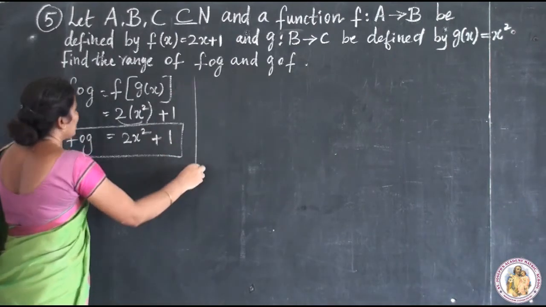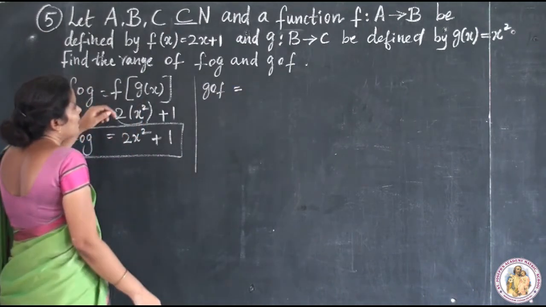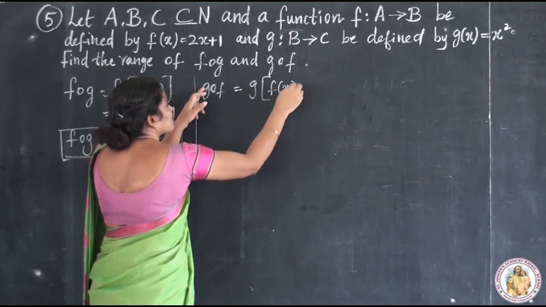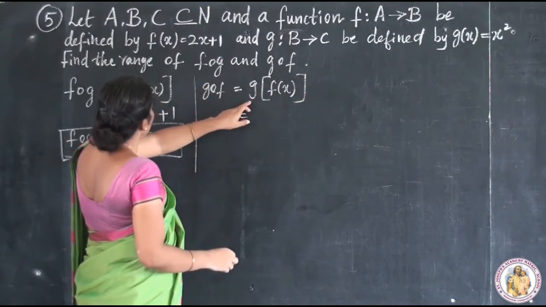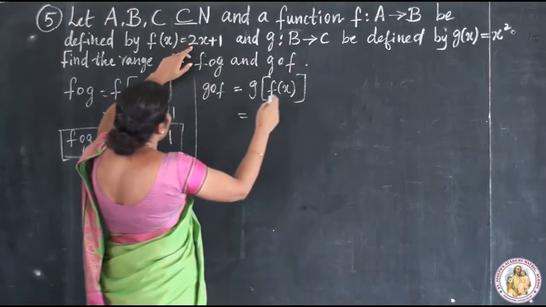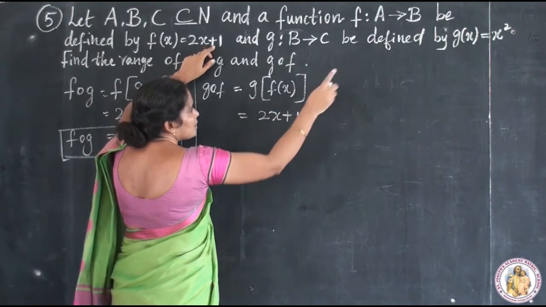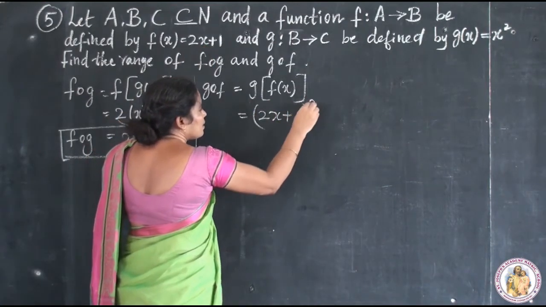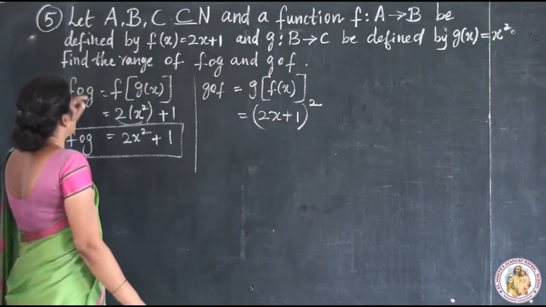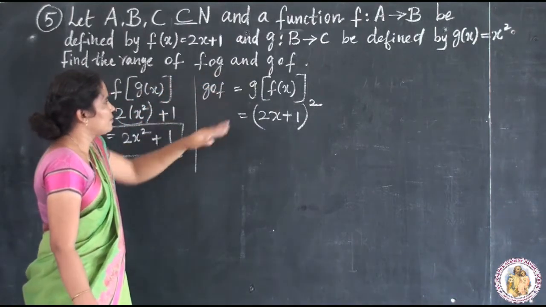Then find g of f. g of f is equal to g within bracket f of x. g is x square. In the place of x, you have to write 2x plus 1. So write (2x plus 1) square. And now we have to find the range of f of g and g of f.